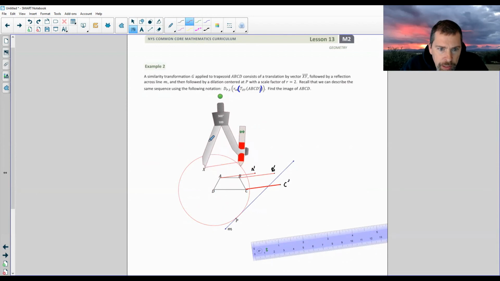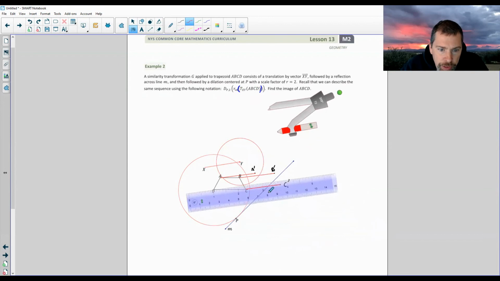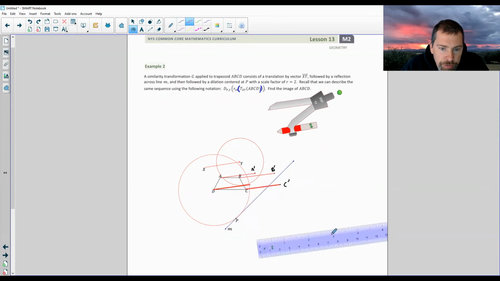Then put the compass on X, rotate it, find the radius from X to D, move that to Y, and draw your circle. The intersection point will bring you from D to D prime. So here's D going up to this intersection point here. It's off a little bit, but D prime would be right about there. So there's D prime.